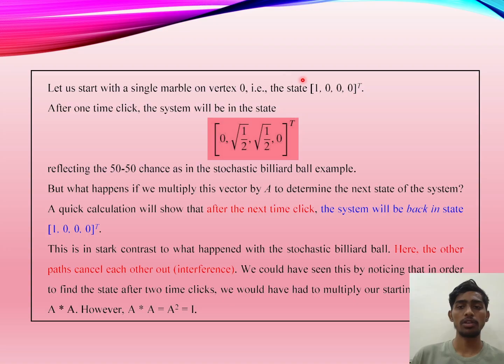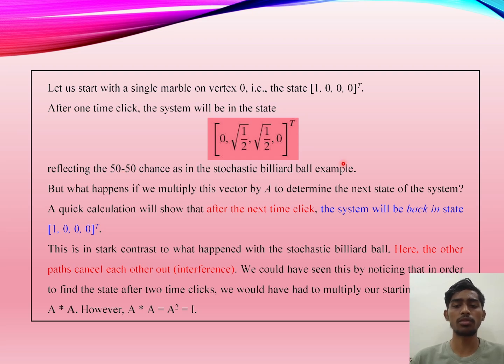It is also a transpose, therefore it is a column matrix. After one time click, the system will be in the state 0, 1 by root 2, 1 by root 2, 0 transpose. This reflects the 50-50 chances as in the stochastic billiard example.